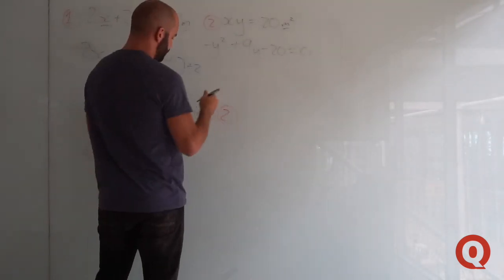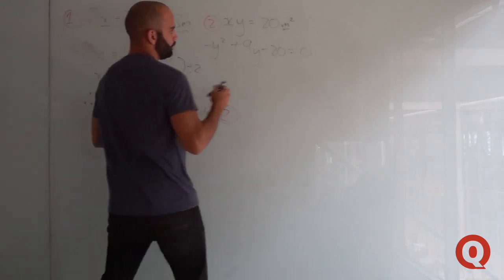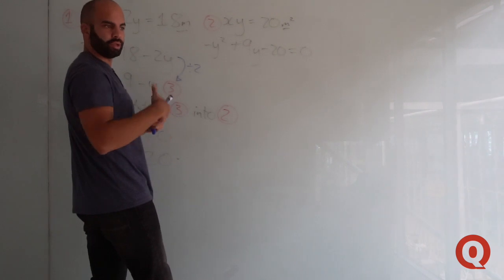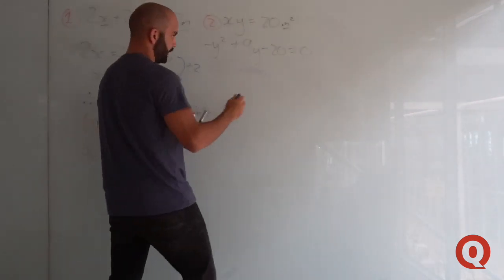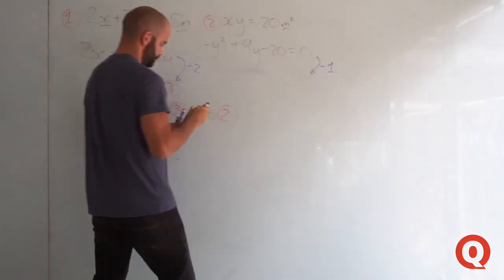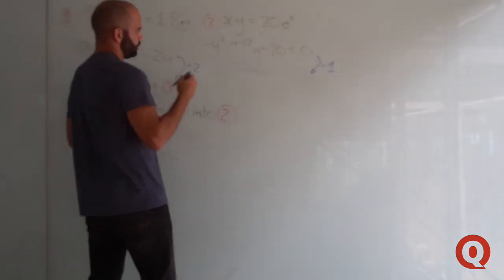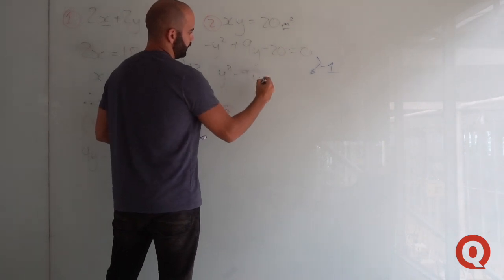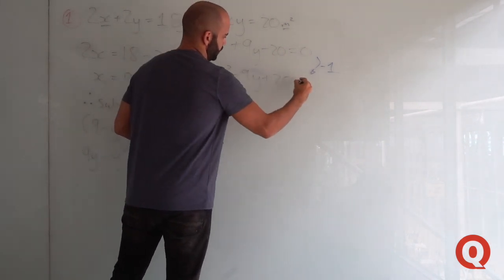And if we multiply everything through by minus 1, because ideally you would just want your y squared term to be positive, you would have it in the form of y squared minus 9y plus 20 equals 0.